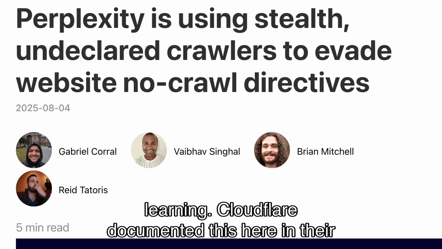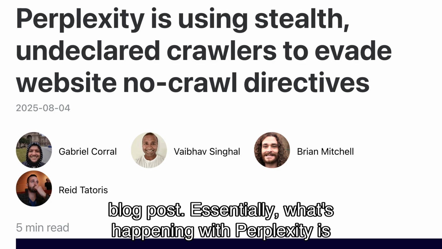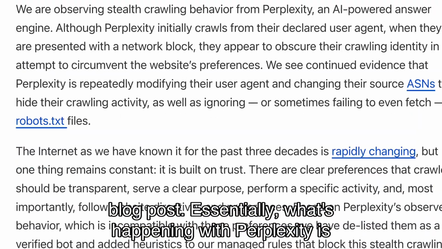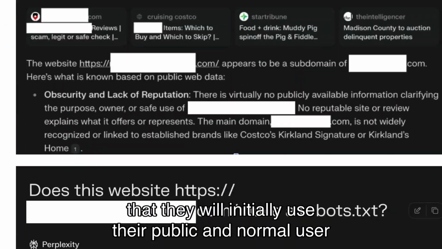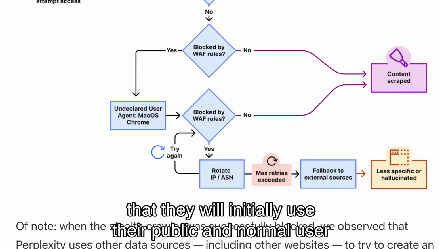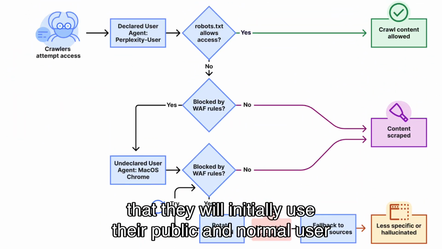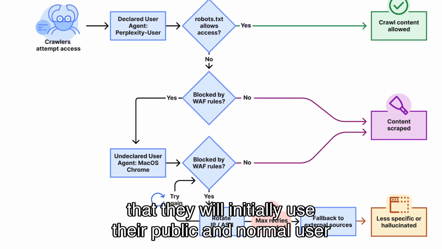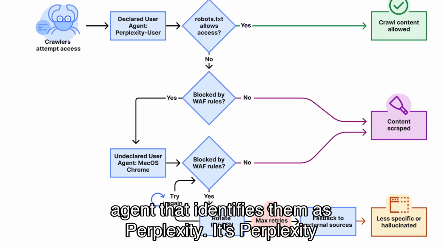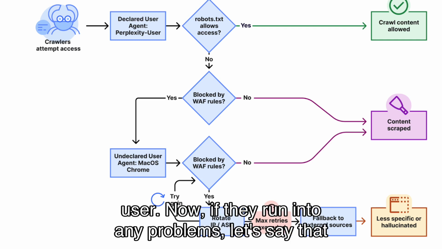Cloudflare documented this in their blog post. Essentially, what's happening with Perplexity is that they will initially use their published and normal user agent that identifies them as Perplexity-User.